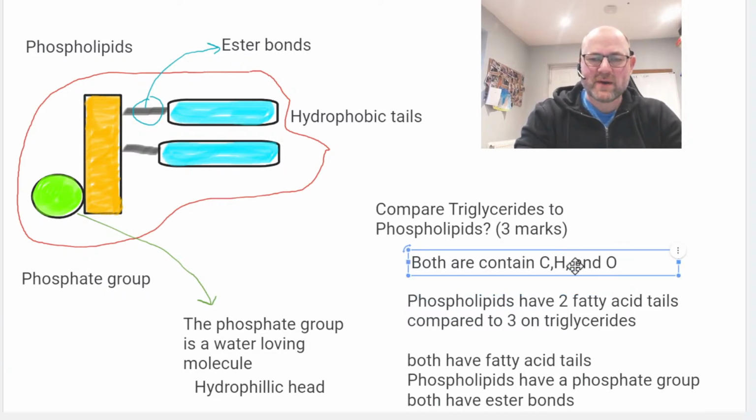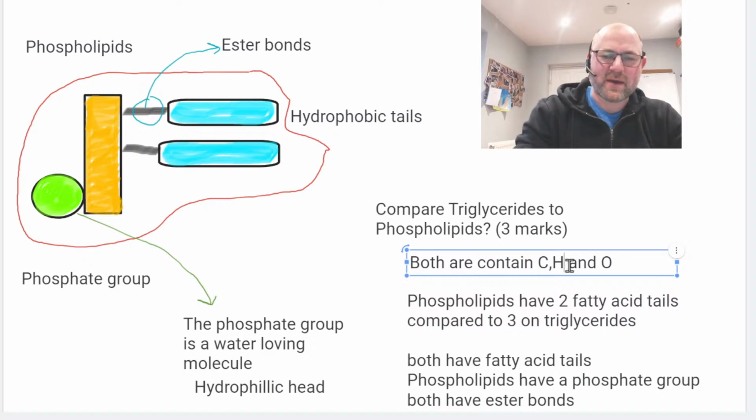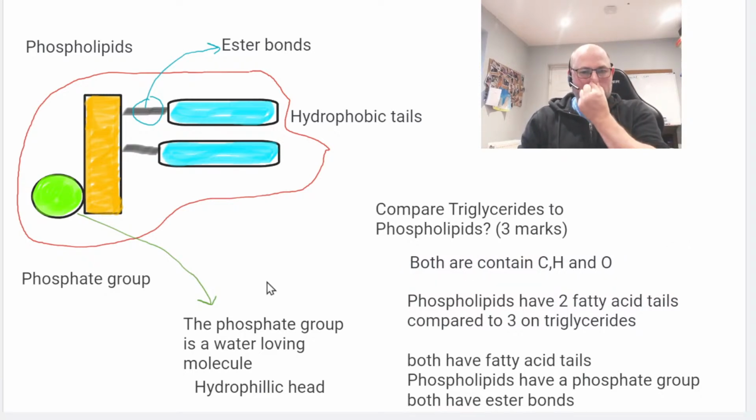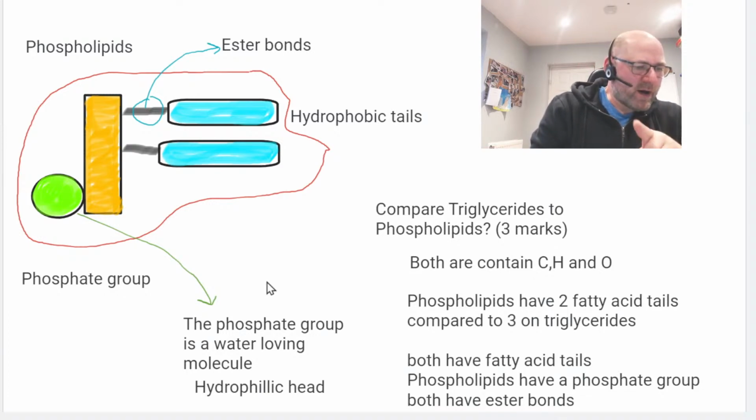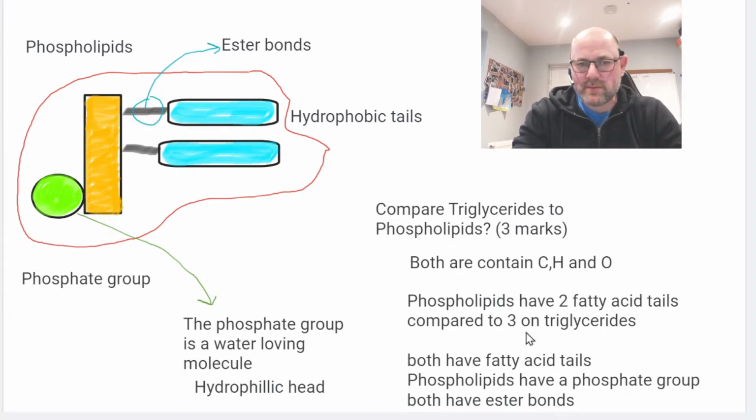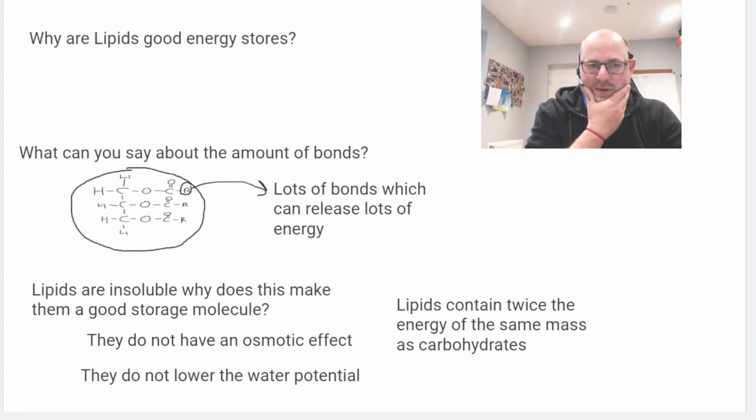However, a difference, obviously, we've pointed out. So they contain the elements carbon, hydrogen, and oxygen. Right. What are the hydrophobic tails? Just thinking of anything else I might have missed out.